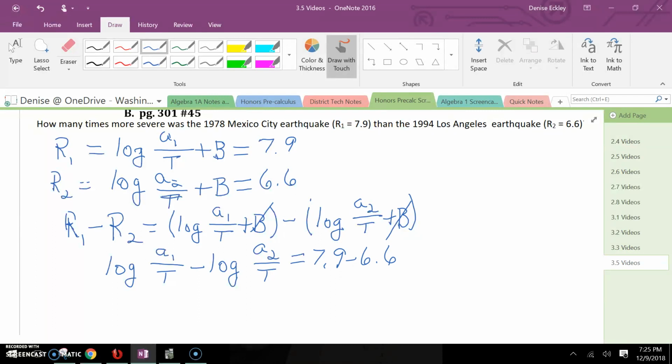Okay, and then using our quotient property and simplifying it, we get the log of A1 divided by A2 is going to equal 1.3.